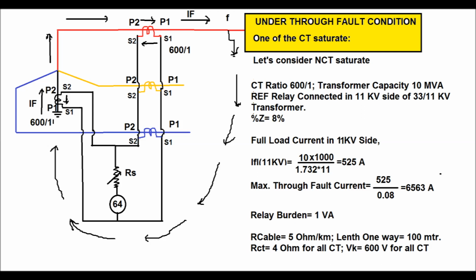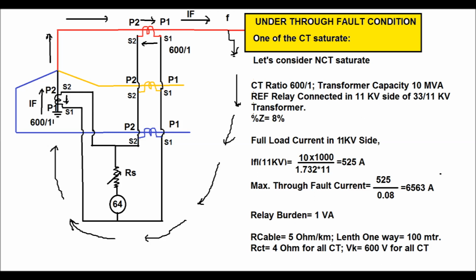volt ampere. Now the full load current in the 11 kV side is calculated by IFL in the 11 kV side is equal to 10 into 10 to the power 3 divided by root 3 into 11, which comes as 525 ampere.